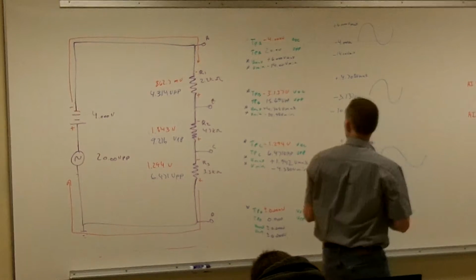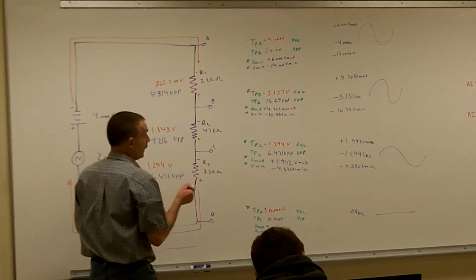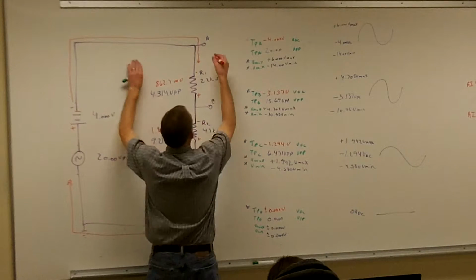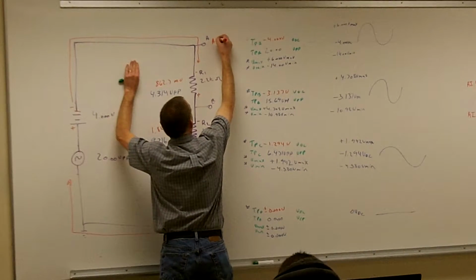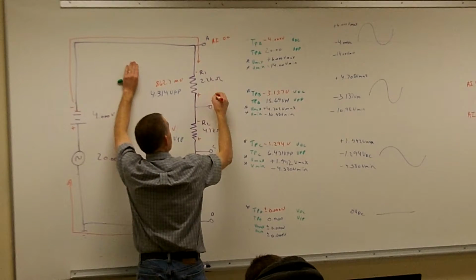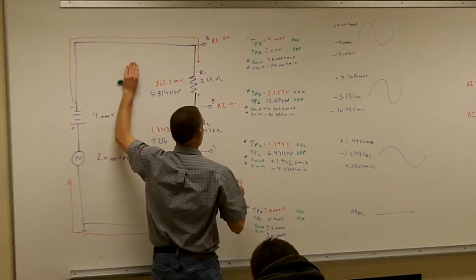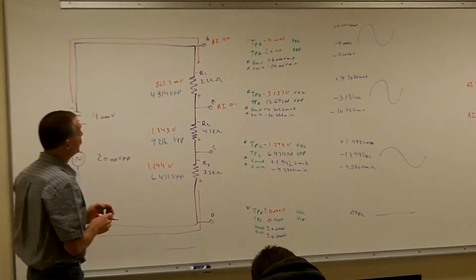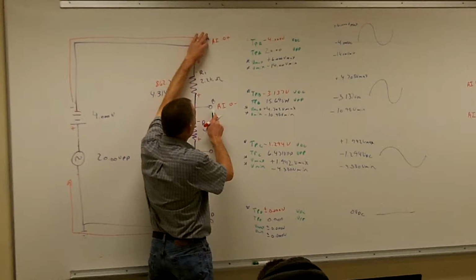So what I can do with my MyDAQ, if I wanted to measure my voltage across R1, is put my AI 0 plus on test point A and put my AI 0 minus on B. And it's going to automatically take the differential of these two voltages.